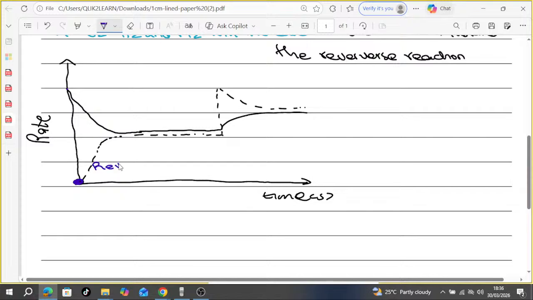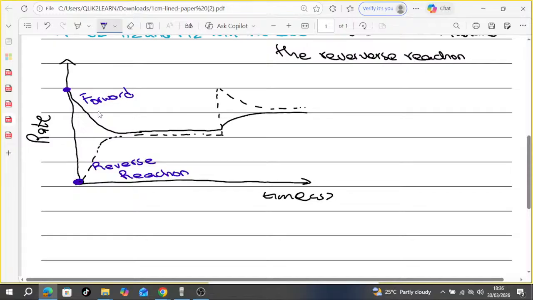And then the one that starts on top, where we start with the reactants and then use up the reactants, is going to be your forward reaction.